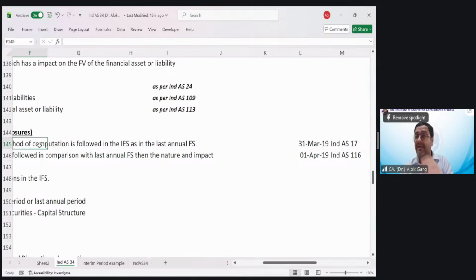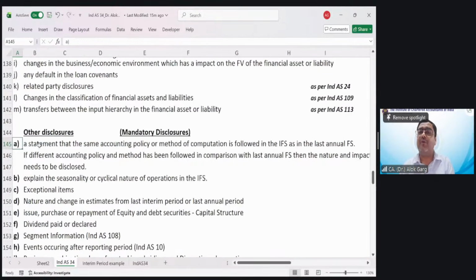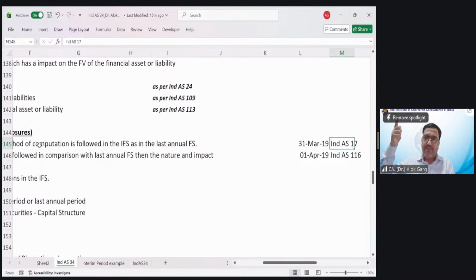You are not required to repeat all those 15-20 pages of accounting policy. You just need to state that the same accounting policy or method of computation is followed in the interim financial statement as was published in the last annual audited financial statement.